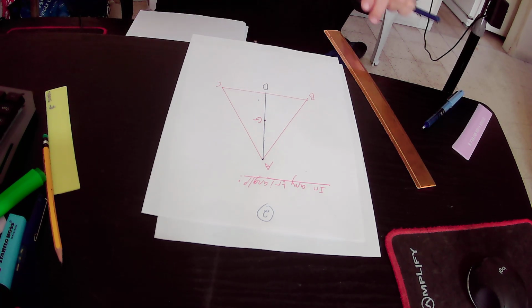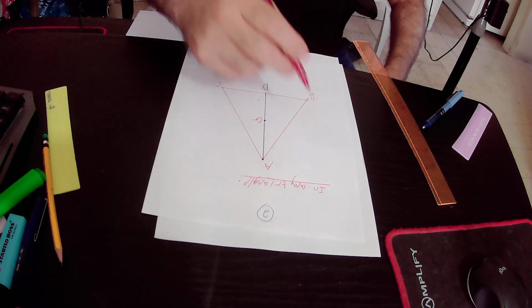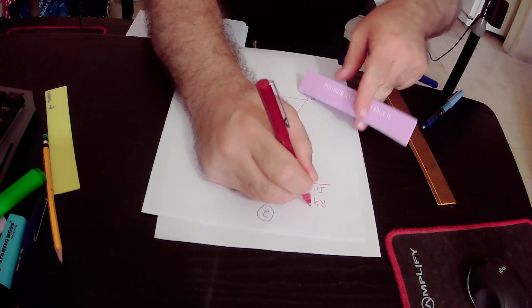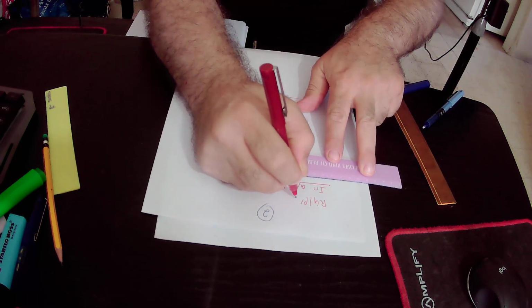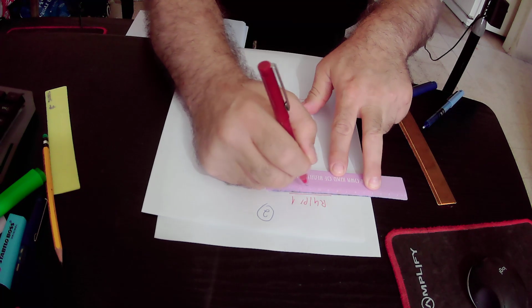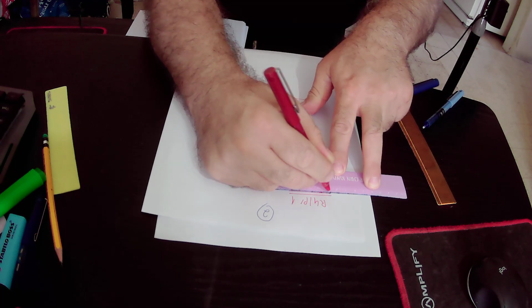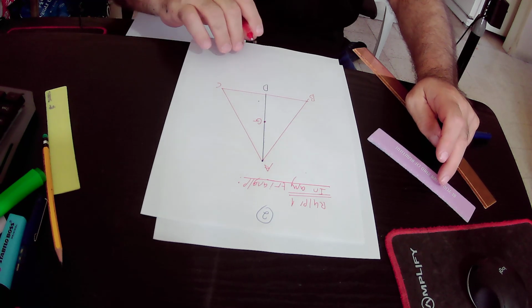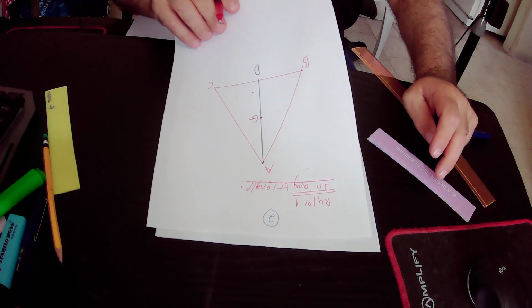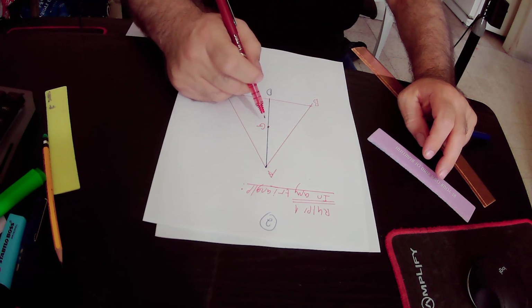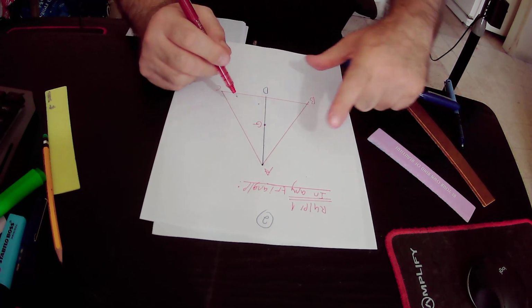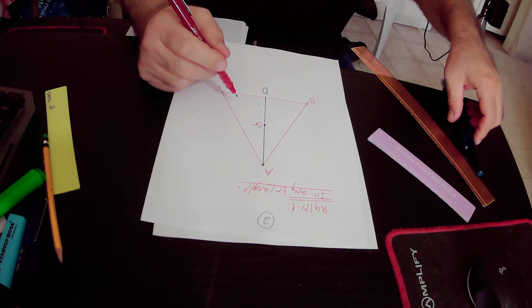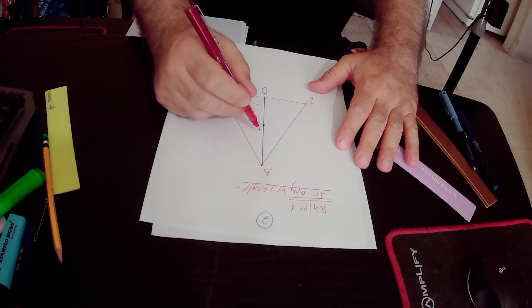So according to the rule that I will call rule 1, the centroid G divides the median AD in a relationship that equals 2 to 1.